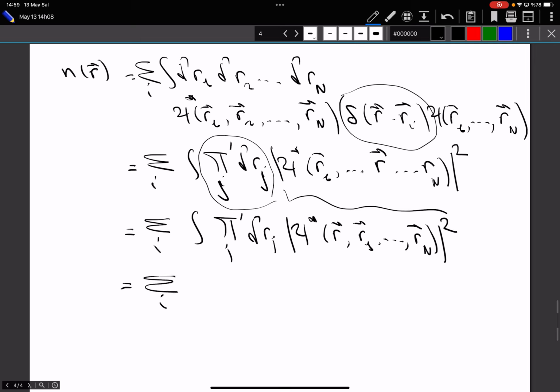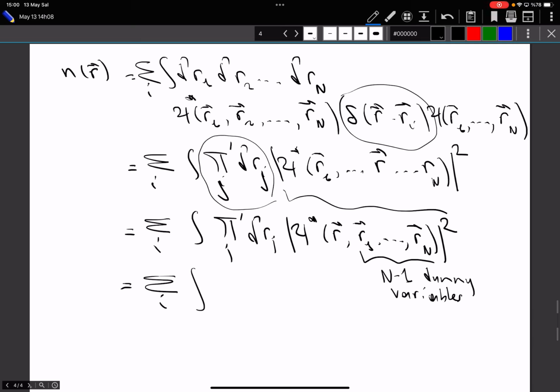Now you see, there are these n minus 1 dummy variables in each one of those terms. I can just rename them, because I evaluated one integral.